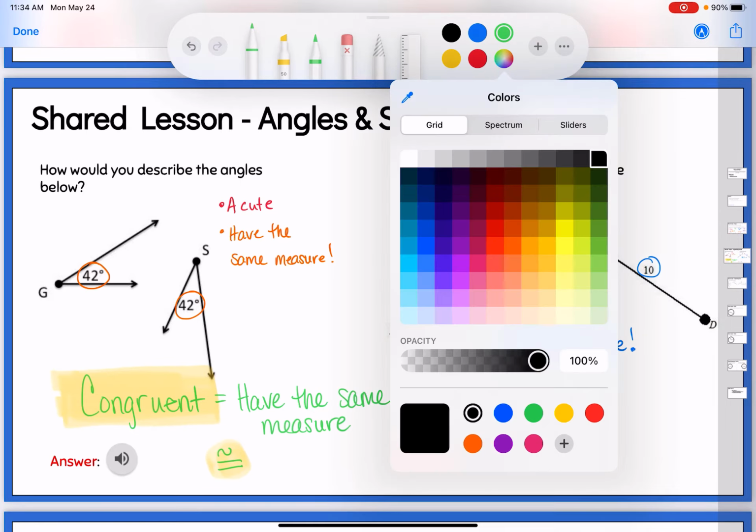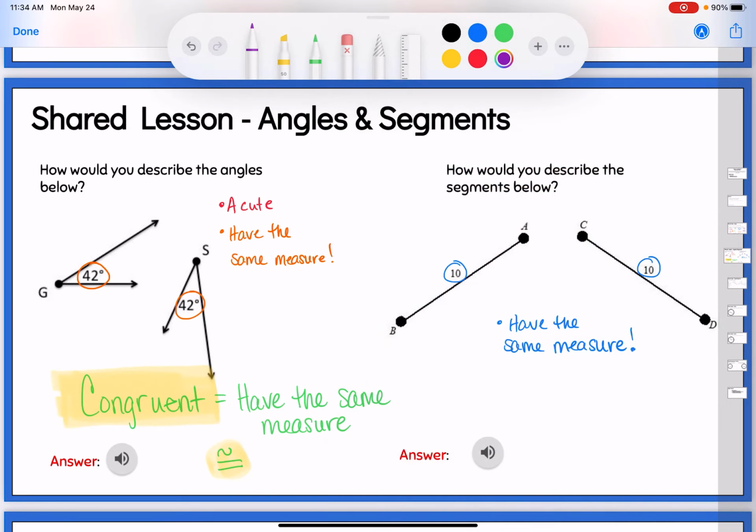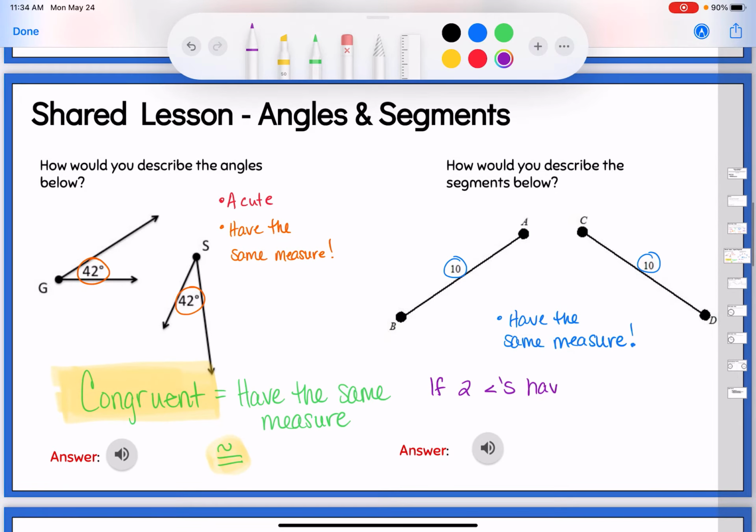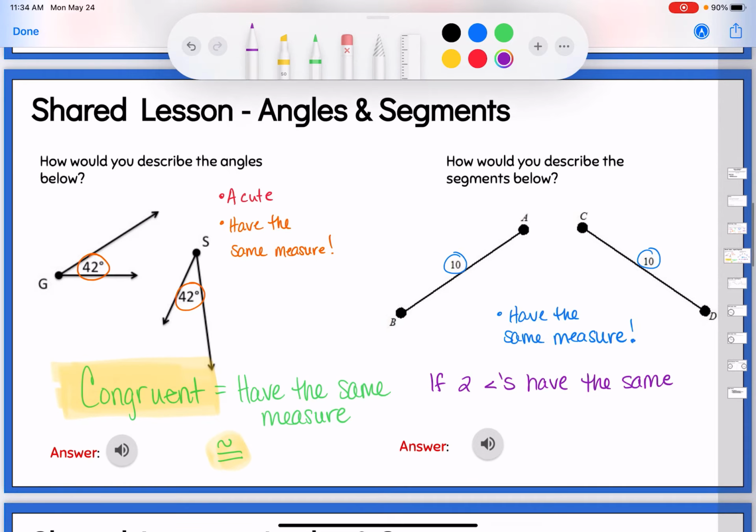But then I want you to write this special sentence, and it will make sense later. I want you to write it like this: if two angles have the same measure, then they are congruent.